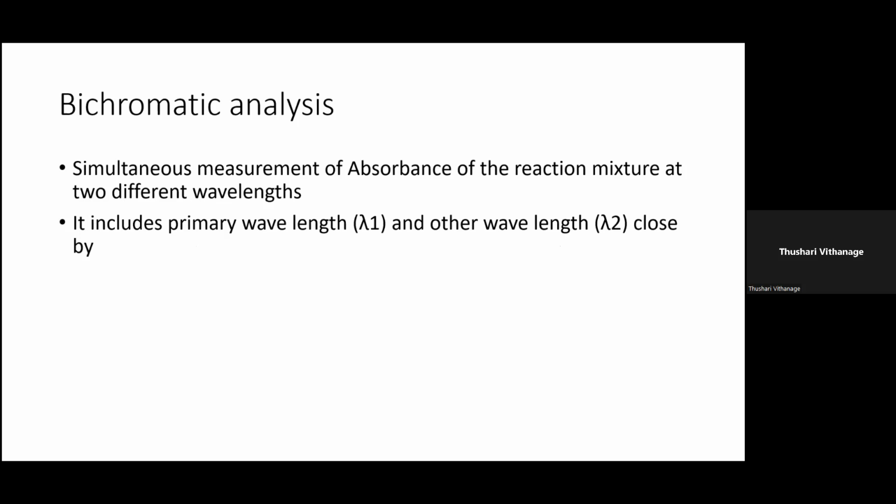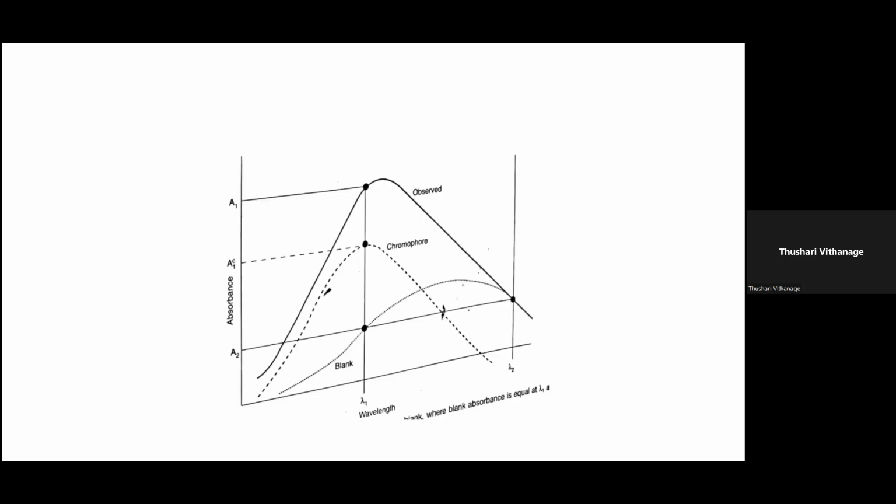Now, I talk about bichromatic analysis. It's the simultaneous measurement of the absorbance of the reaction mixture at two different wavelengths. It includes a primary wavelength and another wavelength, the secondary wavelength, close to the primary one. Here's a graph in which you can see there are two wavelengths.